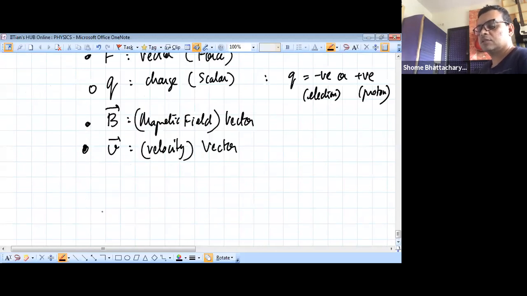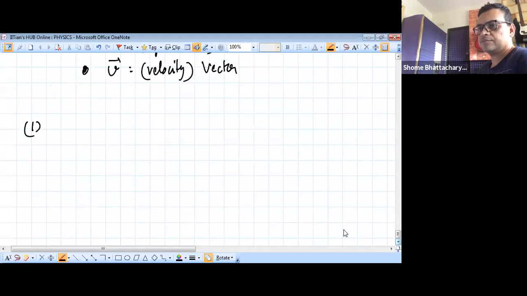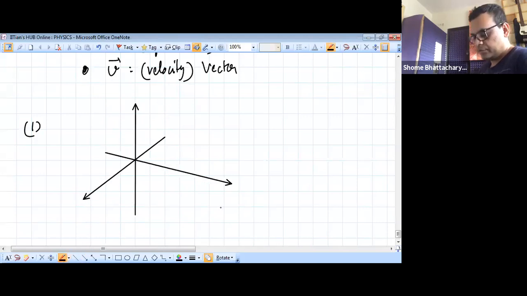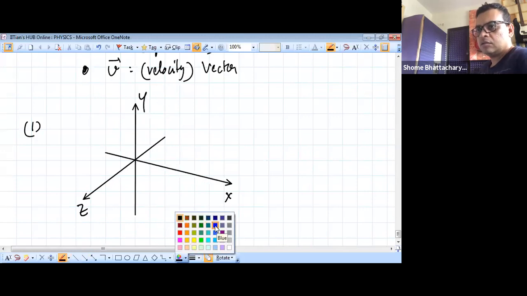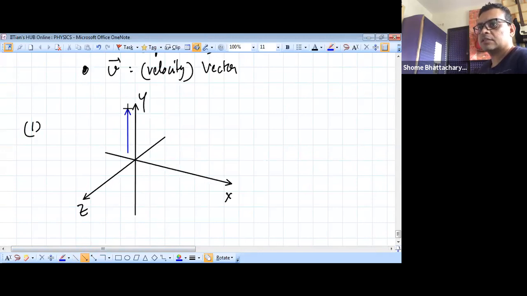Now in each of the options, in option 1, it is shown like this: if this is your X, Y and Z axis, in option 1 the magnetic field vector, capital B vector, is along the Y axis.